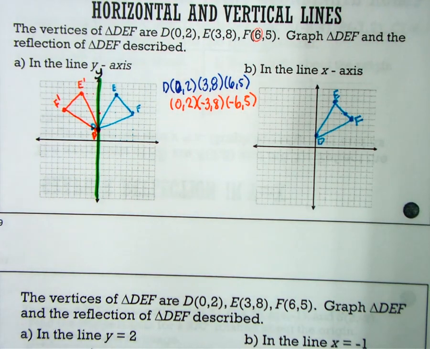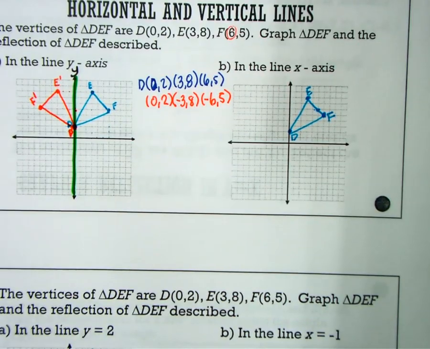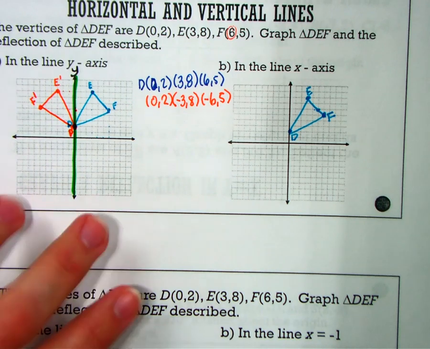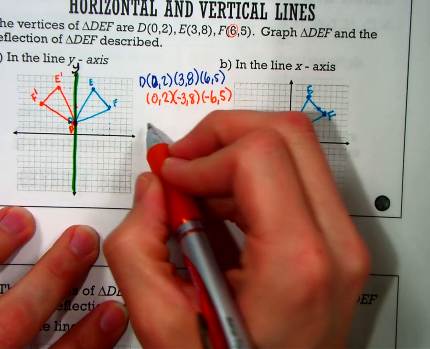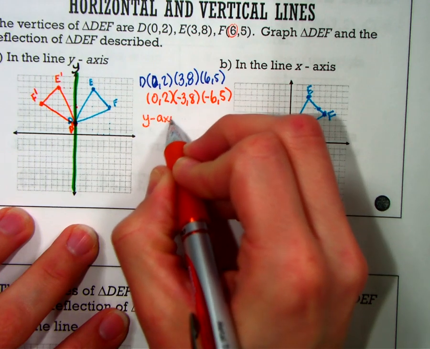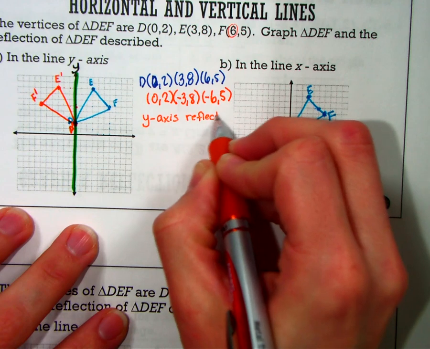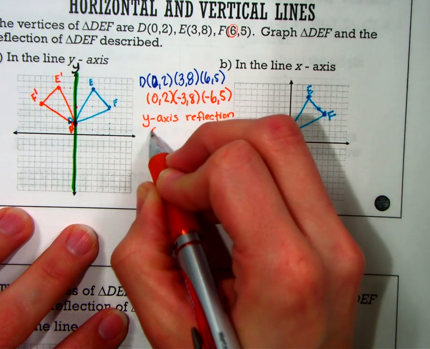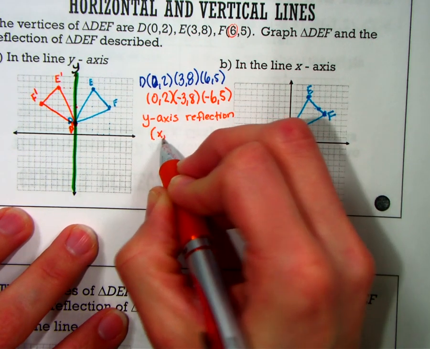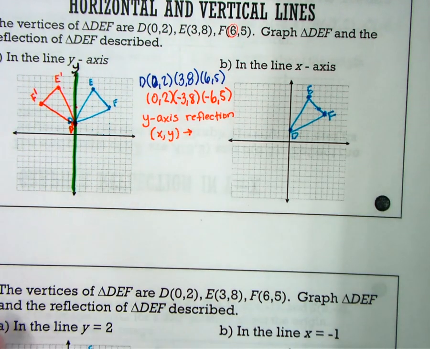This will actually show up on your theorem sheet. On the theorem sheet, it'll actually have this part written out. But here's the rule for a y-axis reflection. In rule notation, which we learned yesterday, I want you to take every x, y and change which part of it.